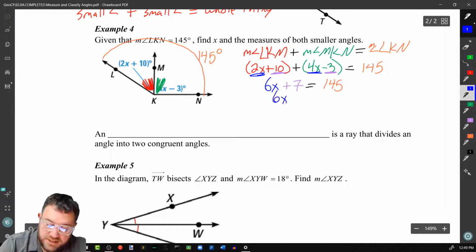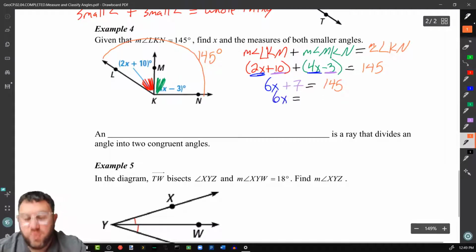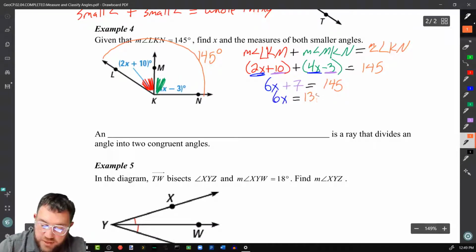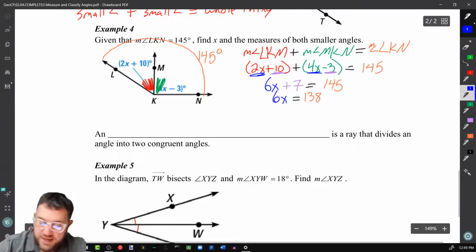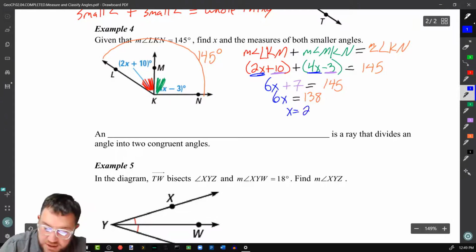So that's going to give me 6x equals, and then 145 minus 7 is 138. And then we'll divide both sides by 6. So x will be 23.